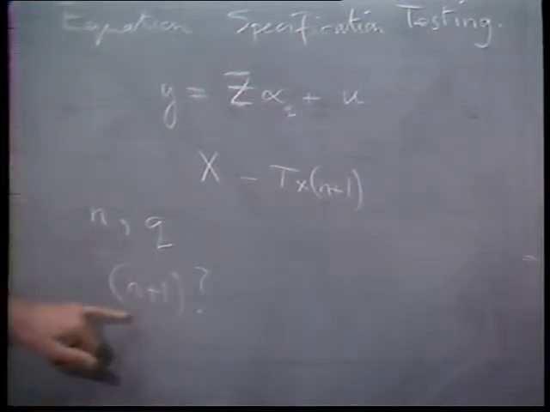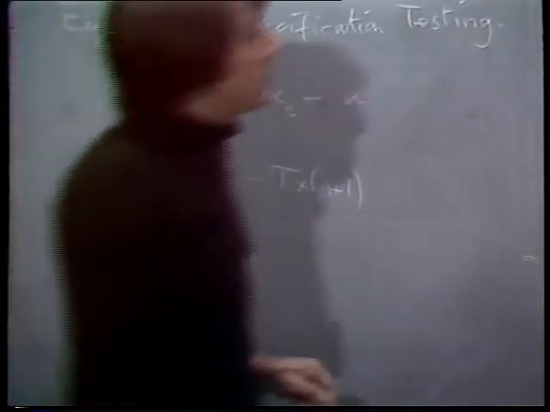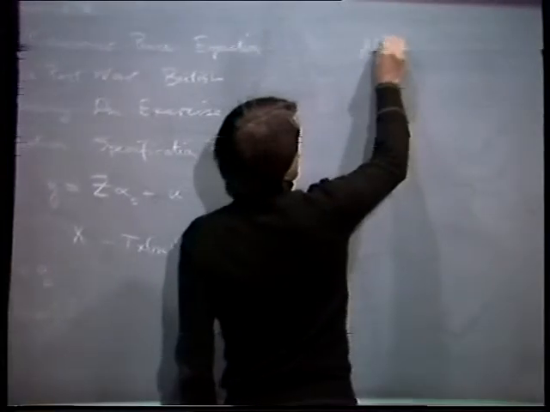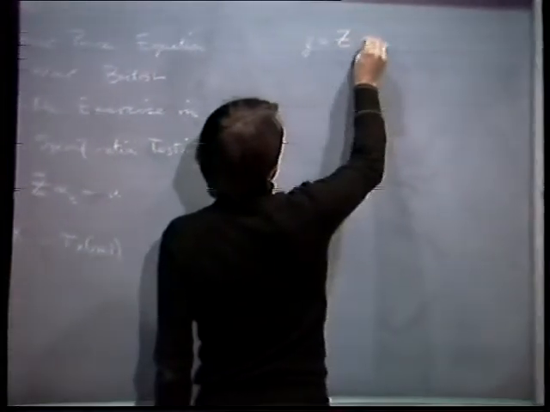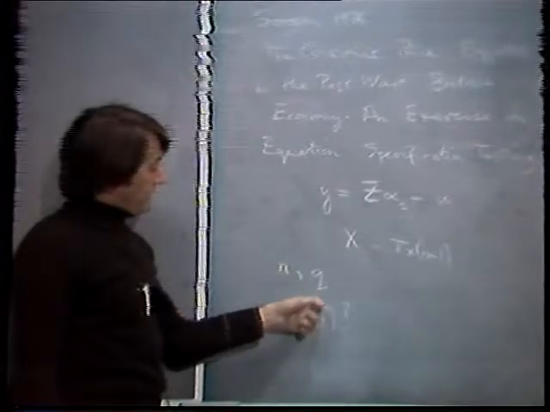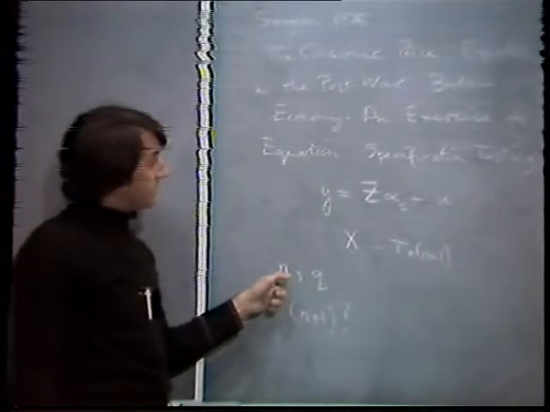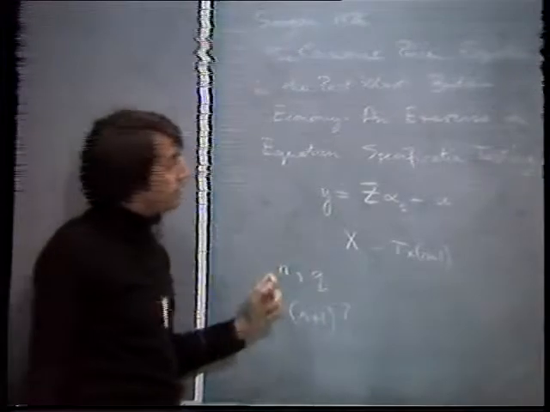But we can approach this problem by considering a model which does in fact have the two as a special case. So we're now considering a composite model, and the form of that composite model is y is equal to z alpha q. Those are the coefficients for the polynomial when the polynomial is of order q, and we've taken the n period lags on all the variables.